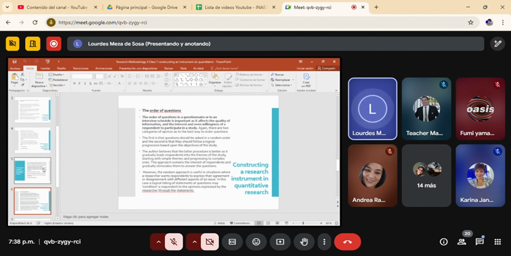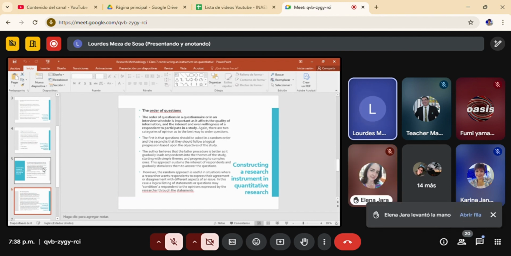The author believes that the latter procedure is better as it gradually leads respondents into the themes of the study, right? The author of this book, which is Kumar, suggests starting with simple themes and progressing to complex ones. This approach sustains the interest of respondents and gradually stimulates them to answer the questions.